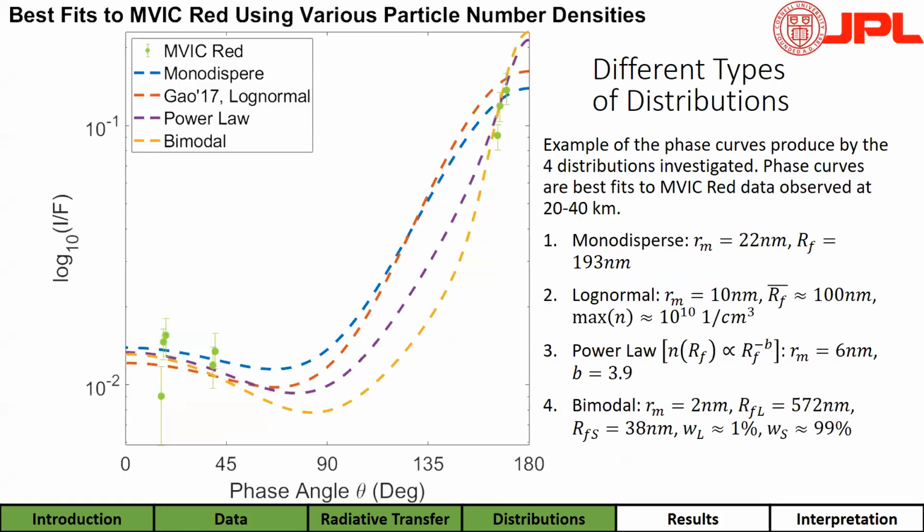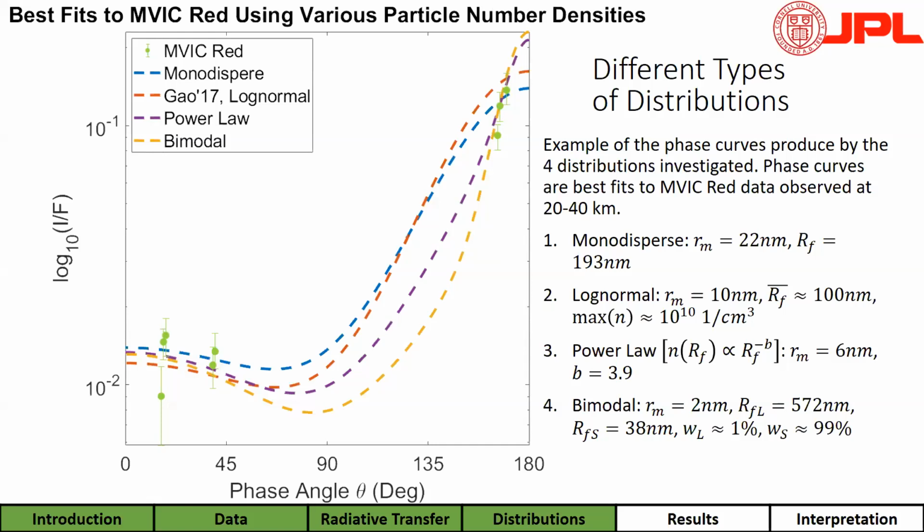So the different distributions of particles wrap into the phase function to give us different phase curves. And this is the main result of this work, to try to describe how well these distributions describe our phase function, right? So what I mean by distribution is the amount of small particles, intermediate sized particles, and large particles. How many of those do we have, and how are those distributed?